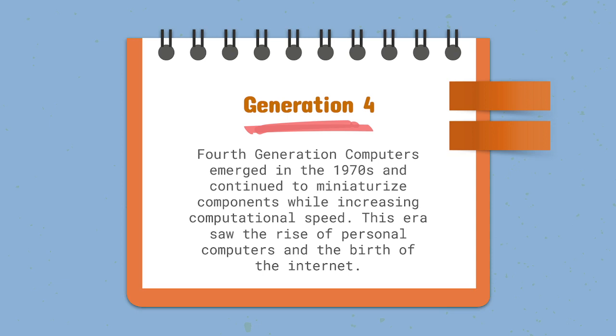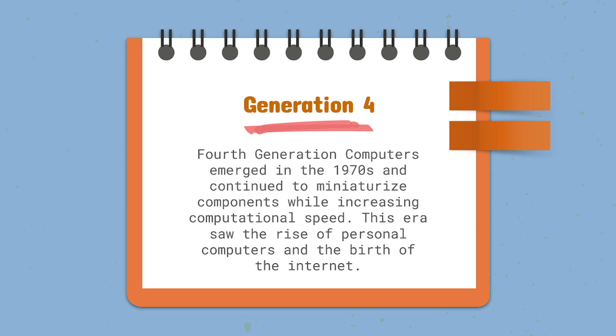Maybe we don't see the difference between generation 4 and generation 3 in terms of size, but the inside is more miniaturized, more compact and smaller, while increasing the computational speed.